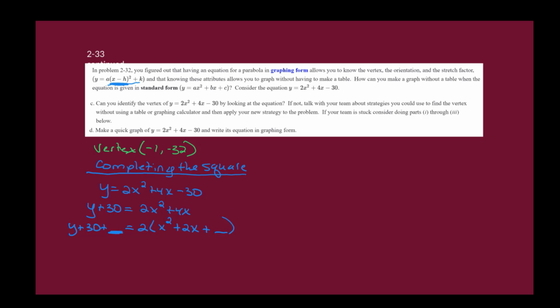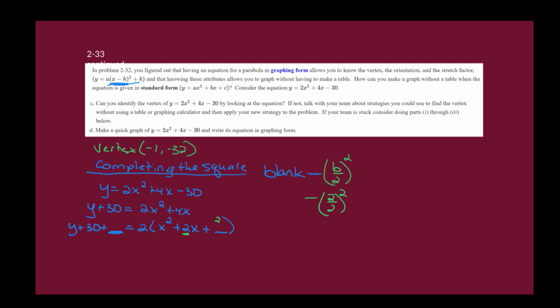What goes in the blank? The blank, for lack of a better term, is just b over 2 squared. In this case, b is 2 because of this number right here.